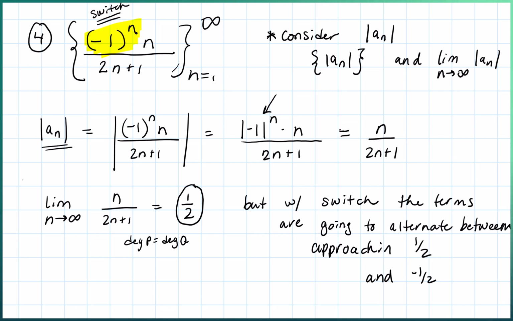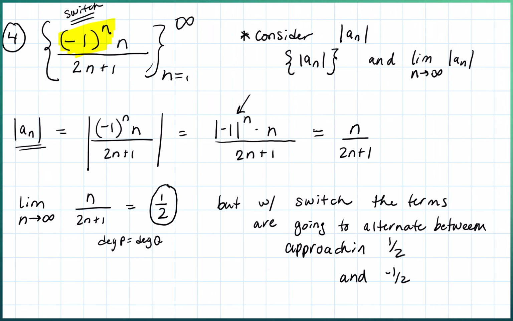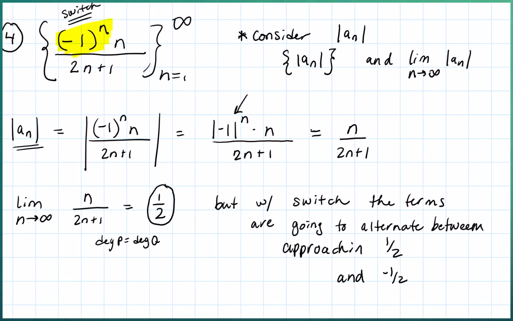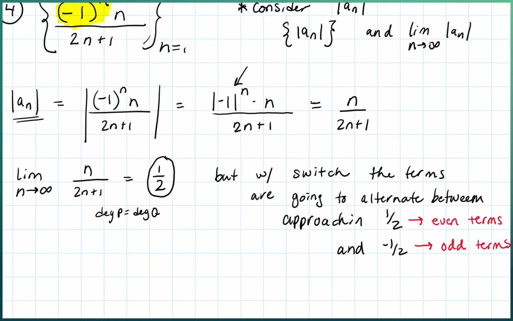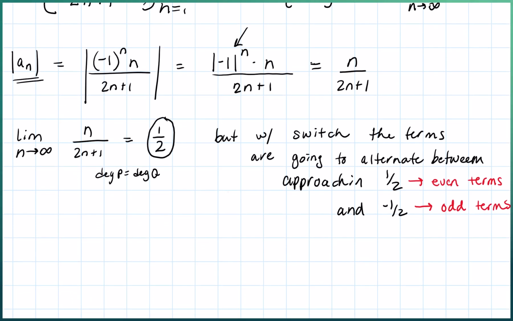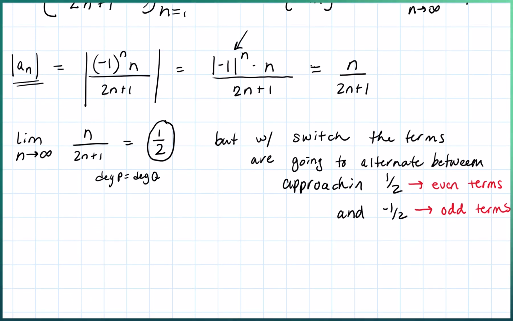And so what happens is, looking at my index right there, all of the odd terms are going to be approaching negative 1/2. So if we look at A3, A5, A7, A9, as we head out towards infinity, the odd terms are going to approach negative 1/2, whereas the even terms are going to approach positive 1/2. But that creates oscillation. So even though the absolute value is 1/2, because we have the switch, we are getting oscillation.